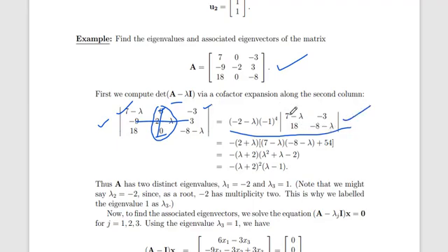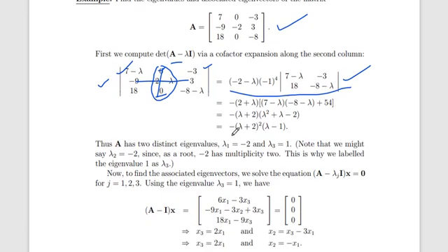If we solve this determinant and do the calculation, we have the roots lambda 1 is equal to minus 2 and the other is 1.